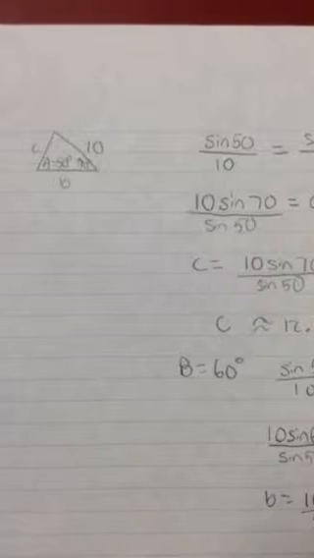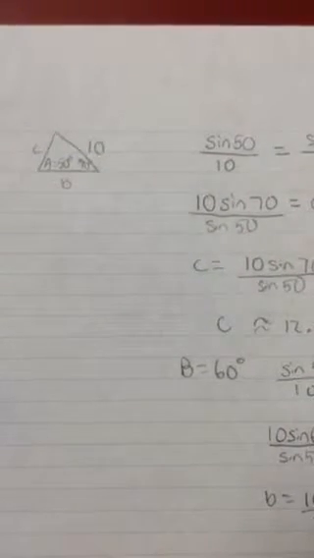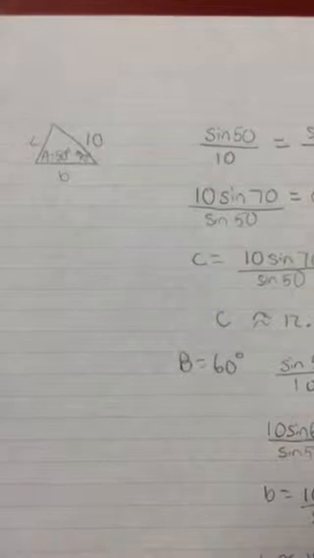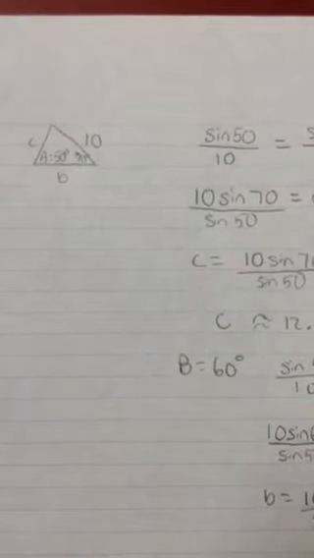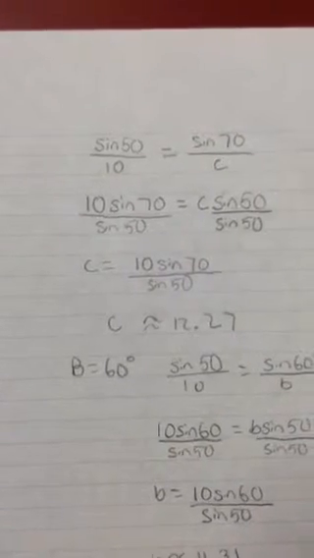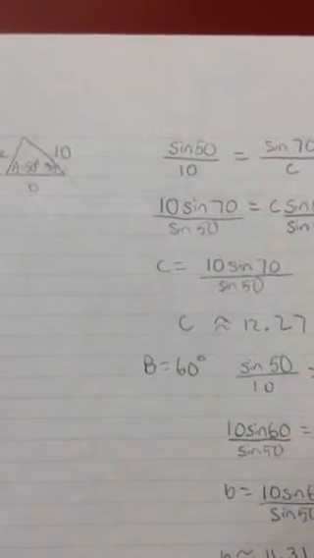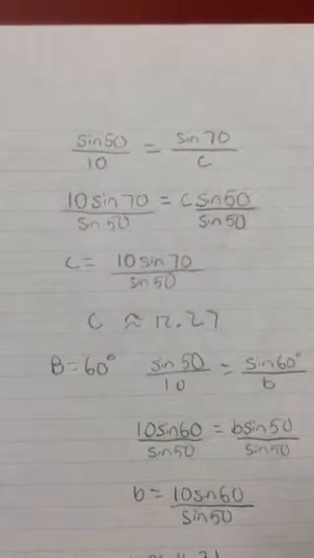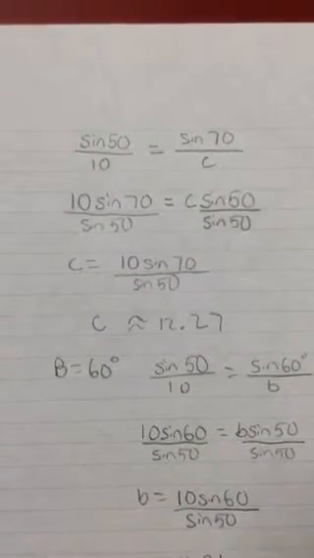So you take the sine of 50, which is the angle A, over the side length of A, which is 10, and you equal that to the sine of 70, which is the other angle that you have. So you have sine of 50 over 10 equals sine of 70 over C.